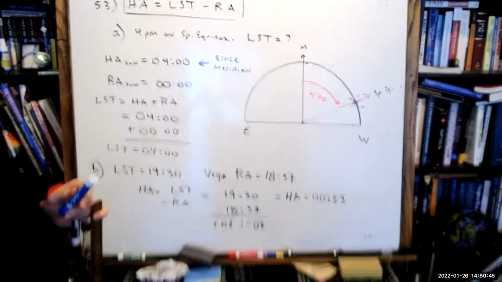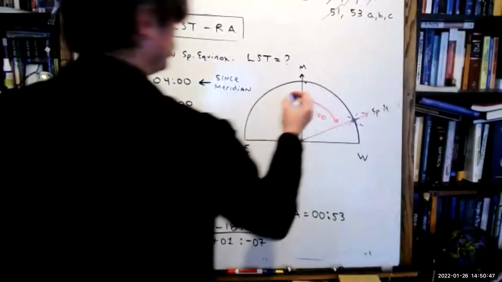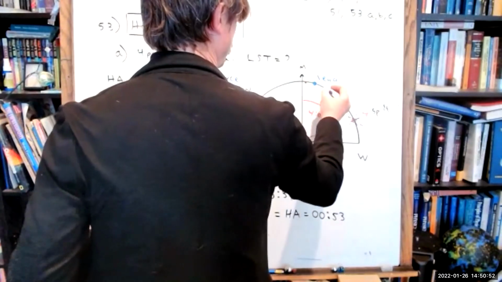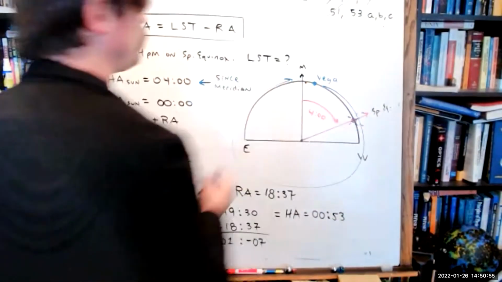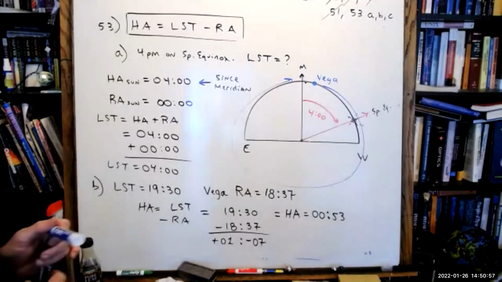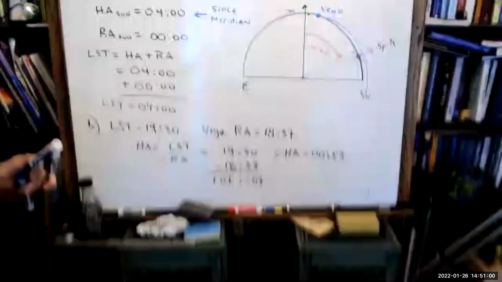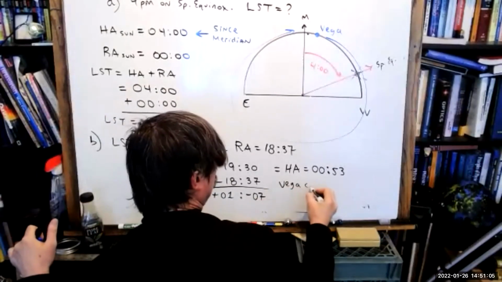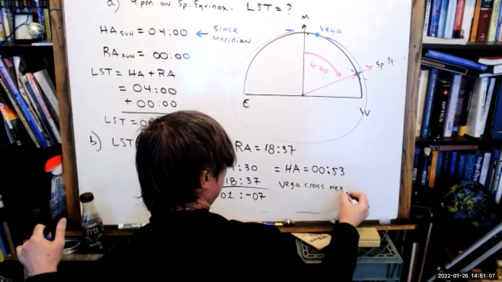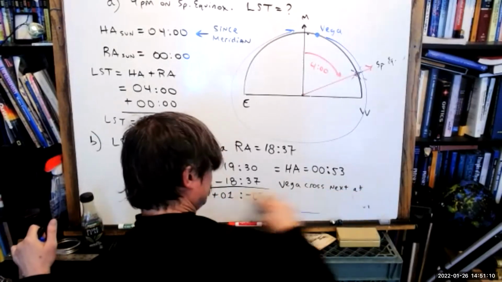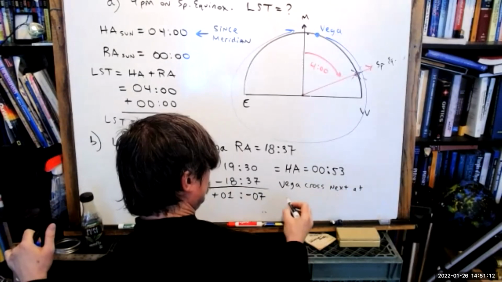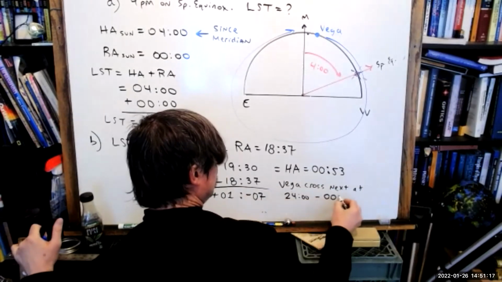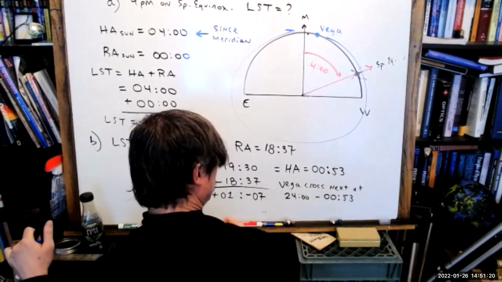But their question is, when will Vega cross next? So if Vega is over here and it crossed 53 minutes ago, it'll take 24 minus that to get all the way back around. So Vega will cross next at, I'm getting out of space here, 24 hours minus 53 minutes.